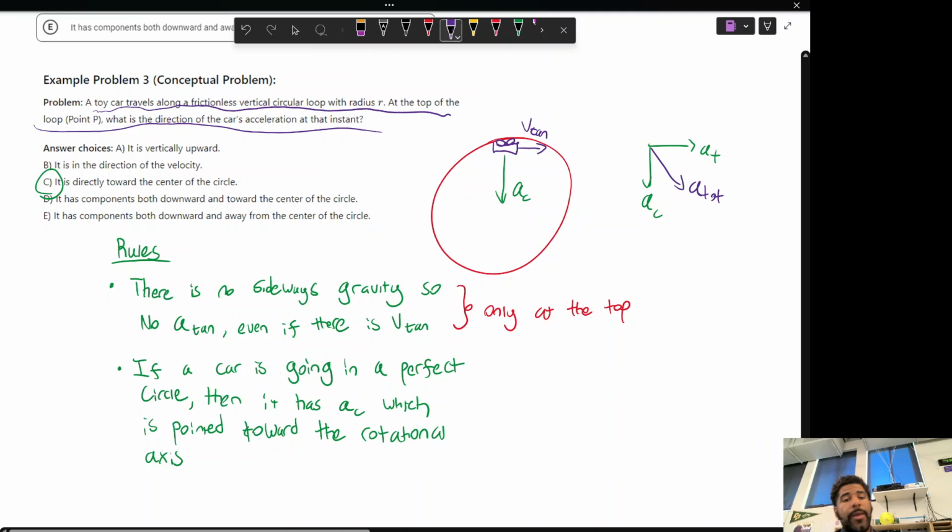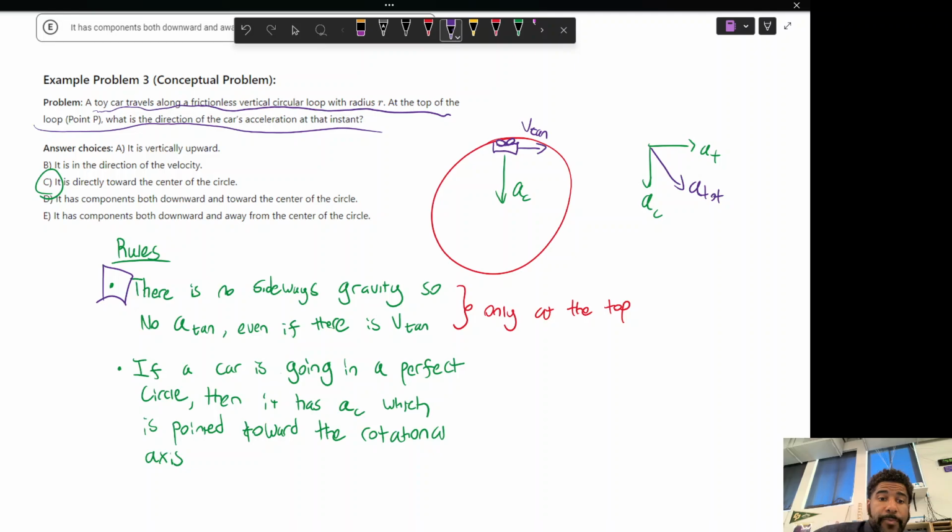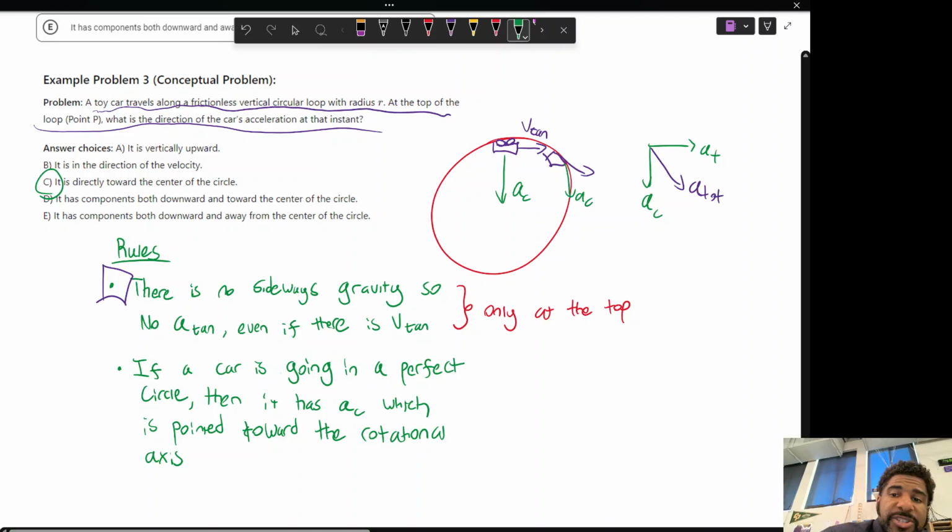Now, in this problem, because this is at the top, we know that there is no such thing as sideways gravity. So that means that at the top, there is no tangential acceleration. There is none at the top, meaning the only thing there can be is centripetal acceleration because this car is traveling in a loop. If this car were even slightly over here, there would be a bit of gravity pushing downward like this, so it would have some centripetal acceleration like that and tangential like that.